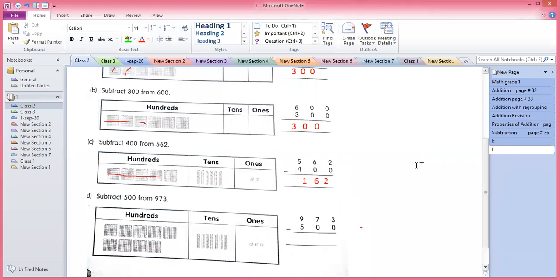This is the answer. Okay. For the last part, D, we have to subtract 500 from 973. So they are 900, 7 tens, and 3 ones.